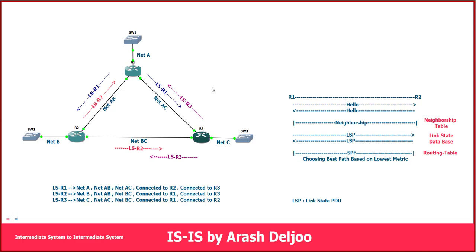As you can see in this scenario, we have three routers, R1, R2, and R3, and these routers are connected to, for example, one LAN interface.